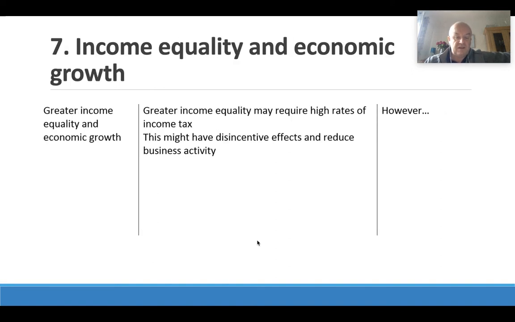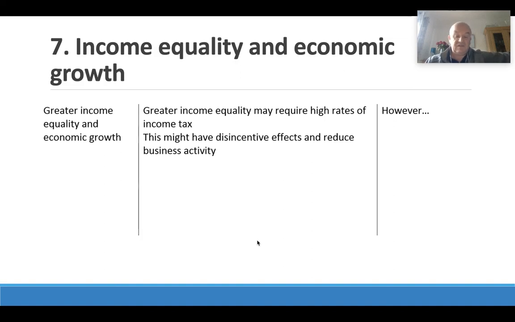Income inequality and economic growth. Again, there is an argument to say that higher levels of economic growth will lead to hopefully most people benefiting, but there's clearly going to be greater income inequality, and that may require higher rates of income tax in order to try to balance this, the rich getting richer and the poor getting poorer, for want of a better term.